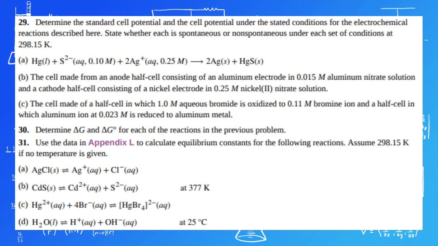31, use the data in the appendix to calculate equilibrium constants for the following reactions. Assume it's room temperature unless temperature data is given. Okay, let's do one that's not at room temperature.